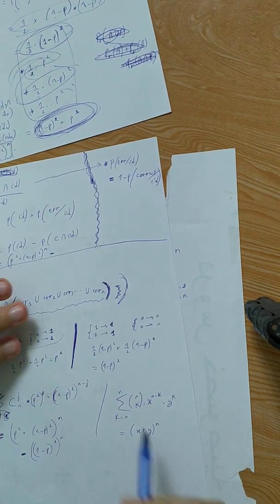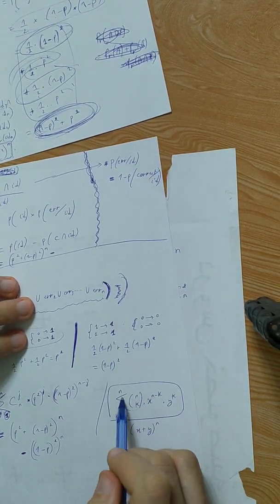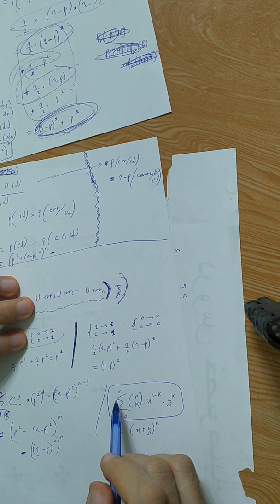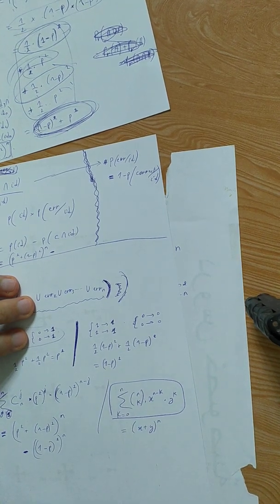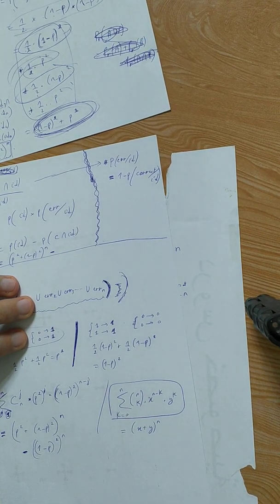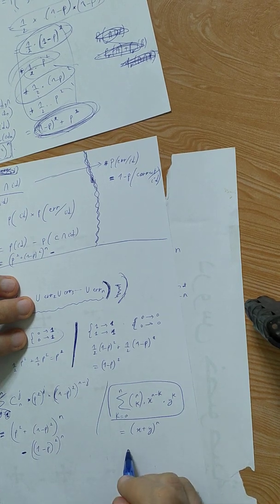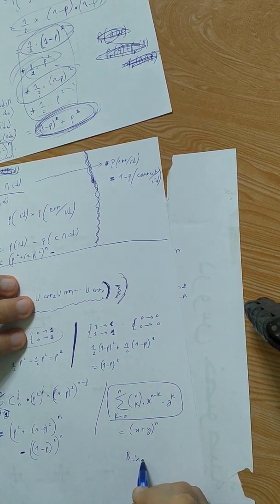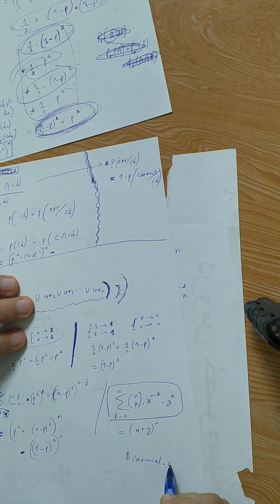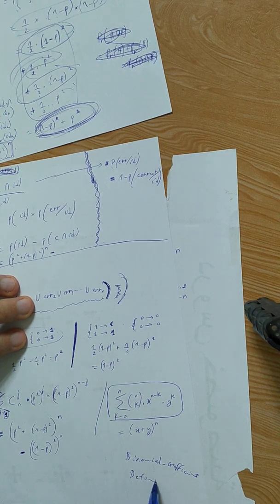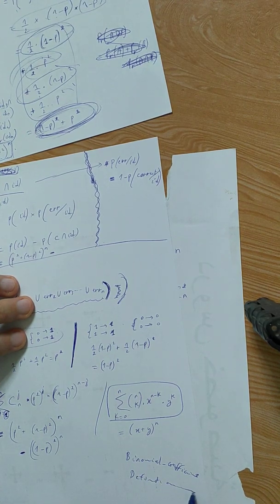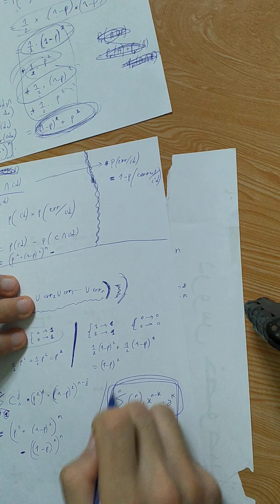Here it is, you find it in Wikipedia. It is called the binomial sum or binomial formula. Go to the article called binomial coefficient, go to the section called definition and interpretations, and you will find this formula.